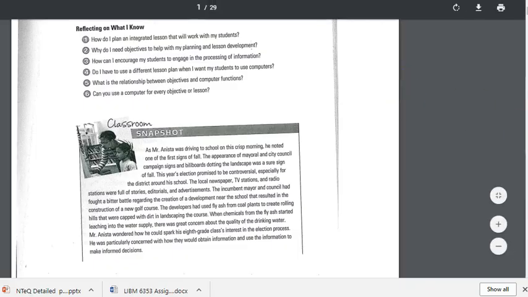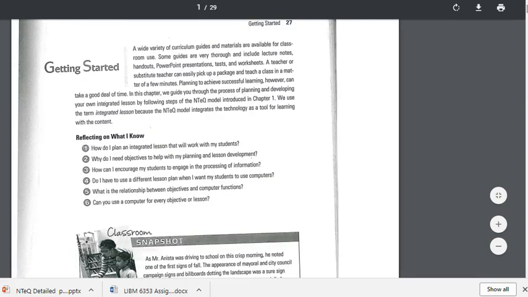So getting started with the NteQ lesson, you need to remember that we can find any lesson or a curriculum guide that will take us as the teacher through a lesson almost immediately if we just follow the steps.